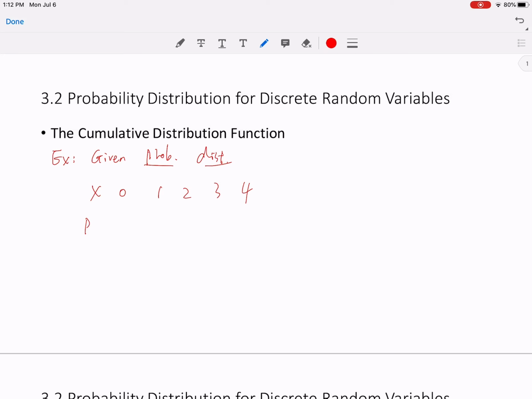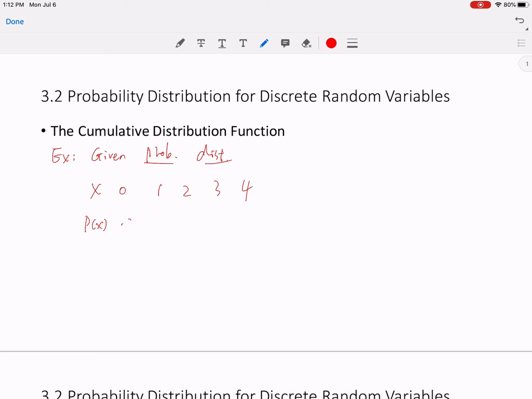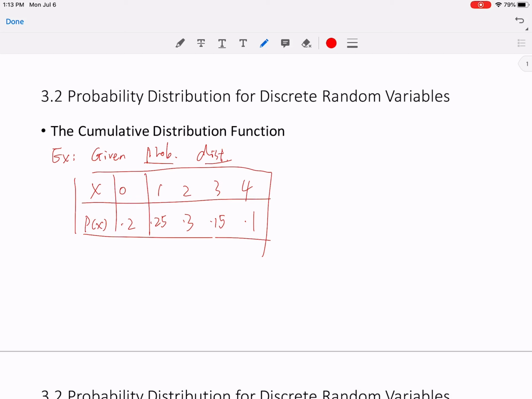The probability of x equal to 0 is 0.2, then 0.25 for x equal to 1, 0.3 for x equal to 2, 0.15 for x equal to 3, and 0.1 for x equal to 4. And then I put it in a table. We have the probability distribution here.